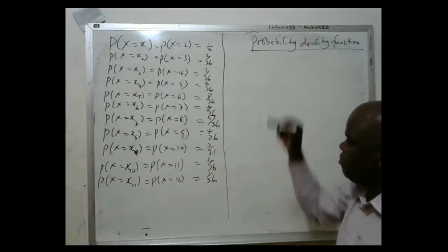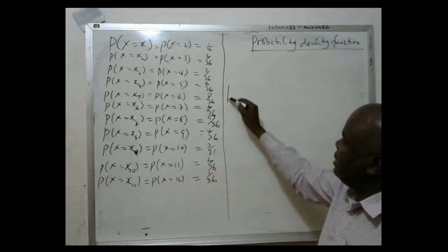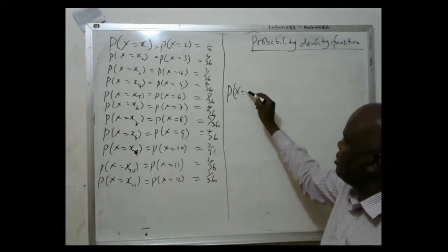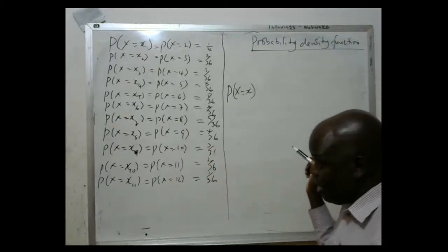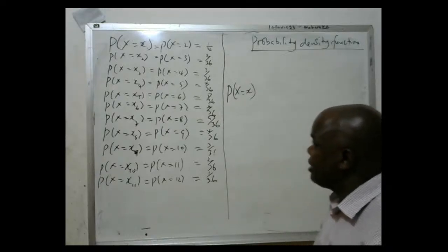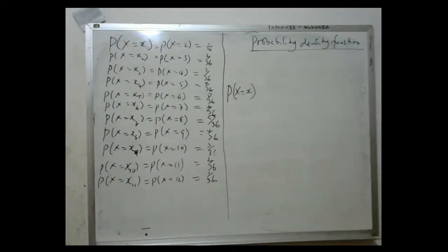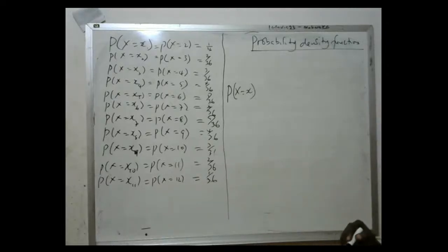The function which is going to allocate our probabilities shall be the probability of x, and we should have defined our x as the sum. Our x is the sum. Keep that in your mind.